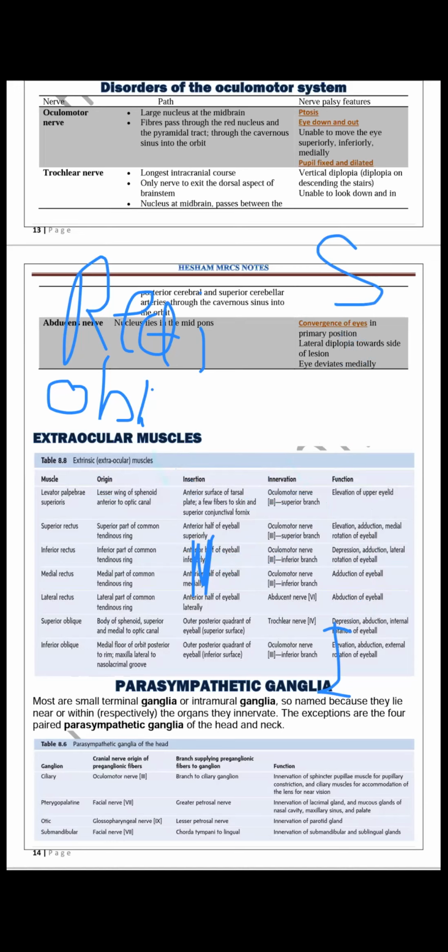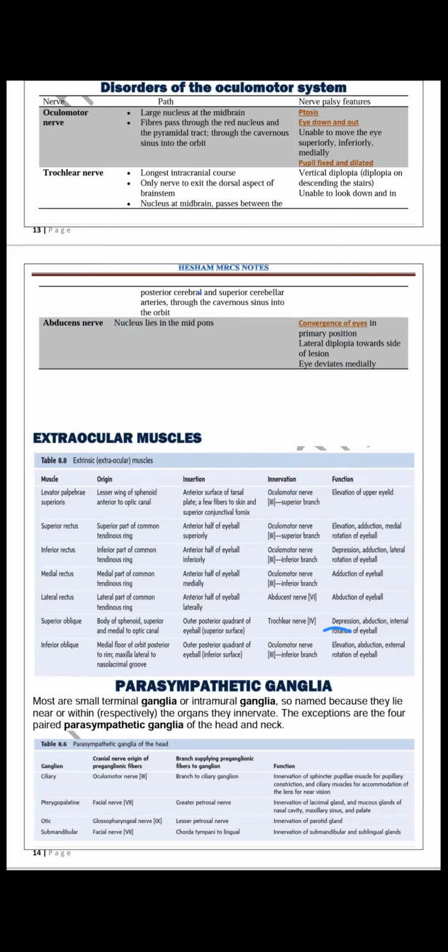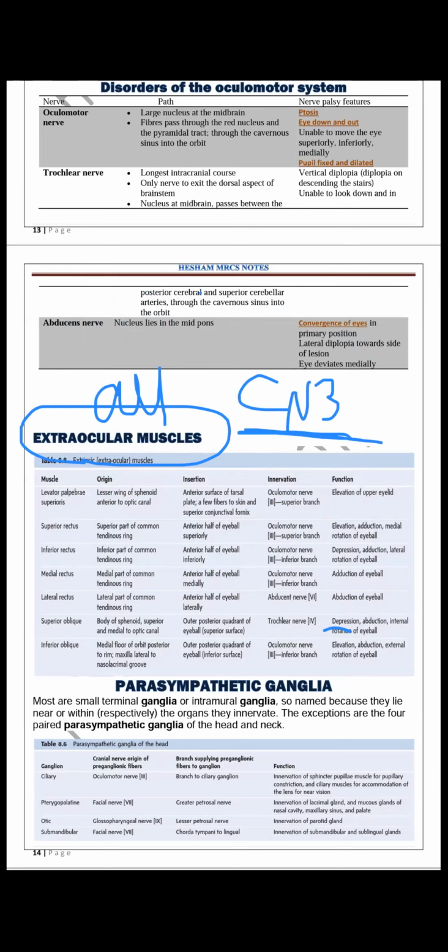What is the action for each one? All extraocular muscles are supplied by cranial nerve number 3, which is called oculomotor, except SO4 and LR6. SO4 is superior oblique by 4, which is trochlear.